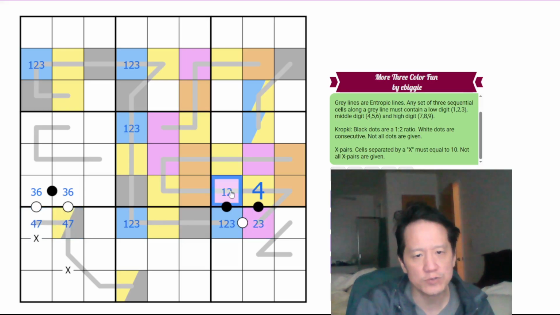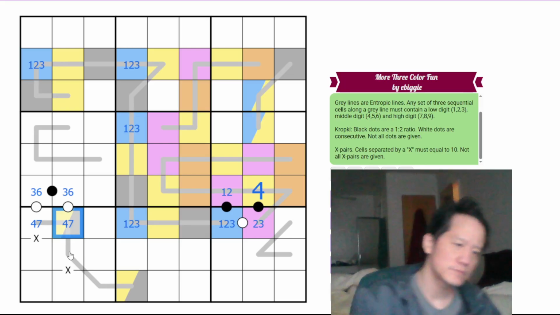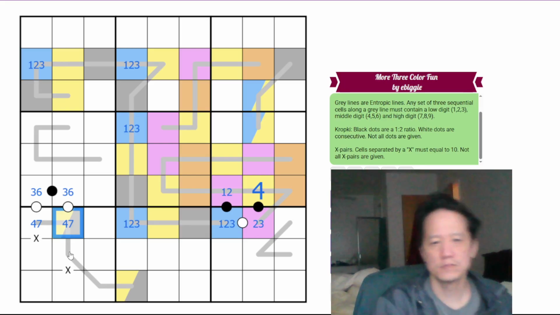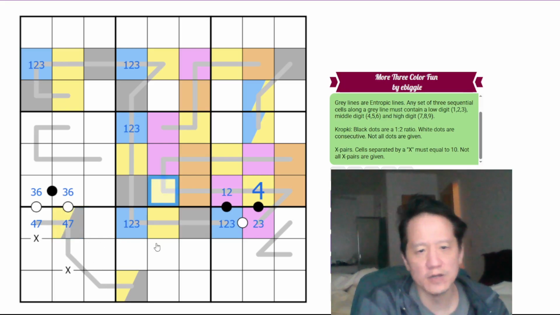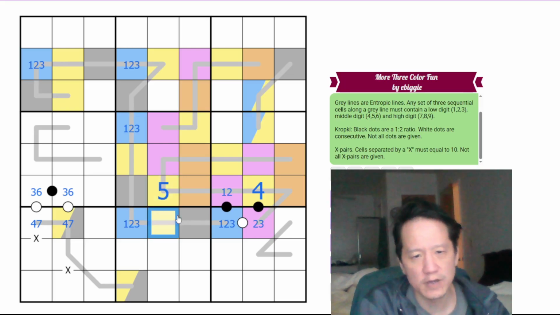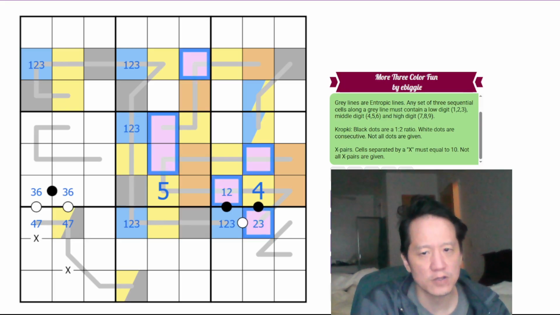This would be 1, 2, or 3. I guess that's fine. This would have to be a 5 then. That works fine. The pinks are the low then.